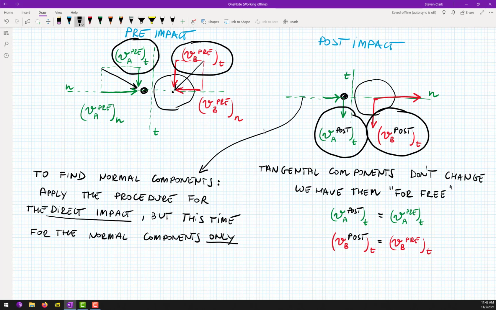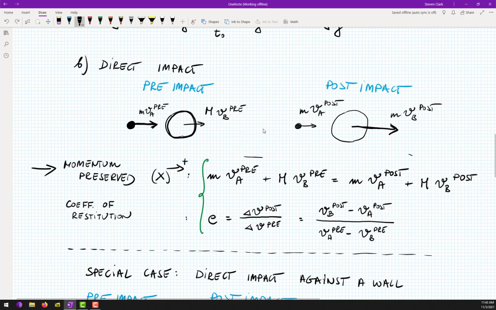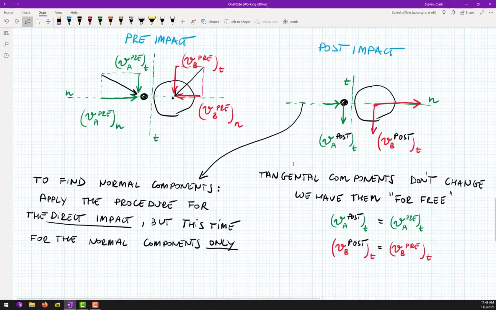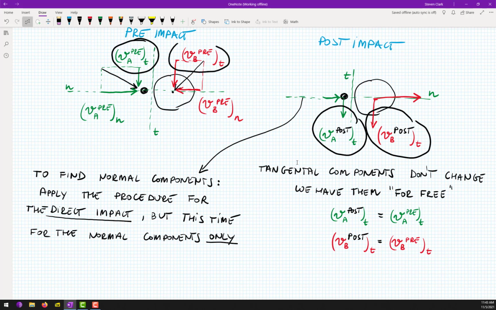This is exactly what I wrote in here. In other words, this green vector post-impact has to be equal to this green vector pre-impact, and this red vector post-impact has to be equal to its counterpart pre-impact. We have them for free.